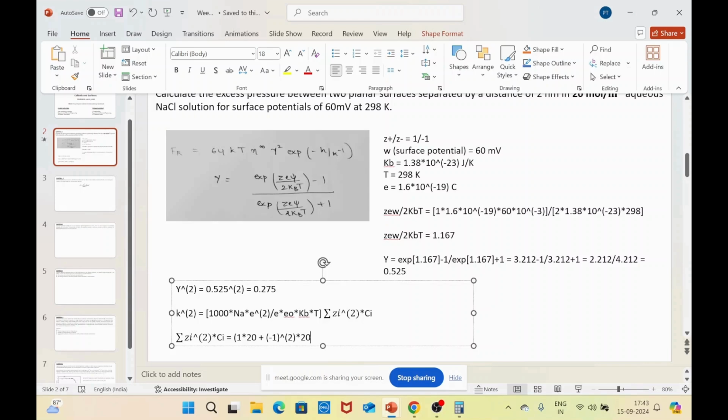Minus 1 whole square is 1, so that again will be 20. So this factor is nothing but 40 mole per meter cube.